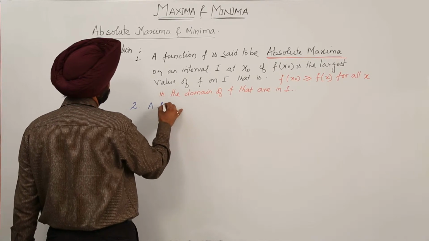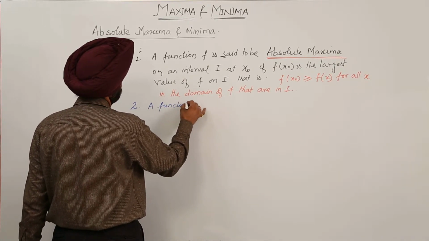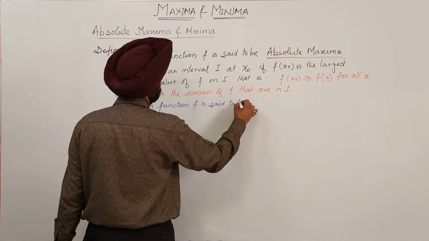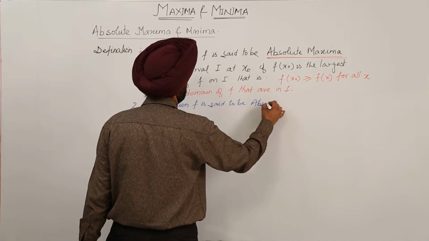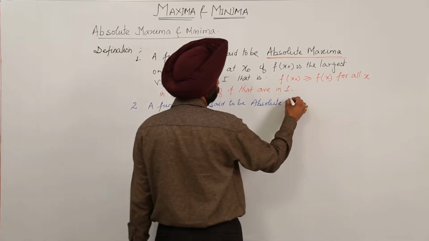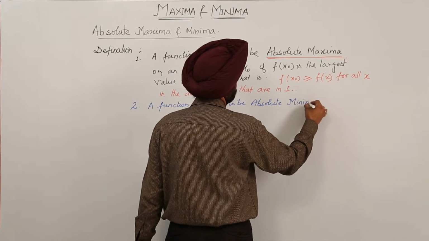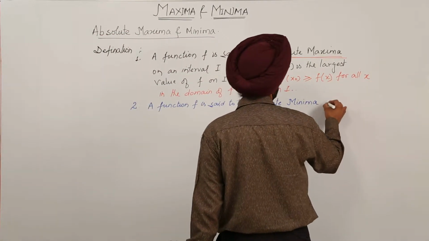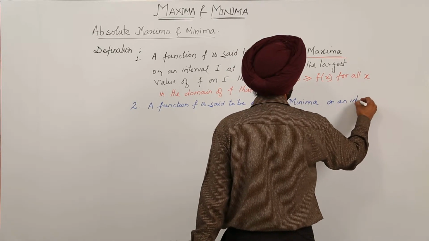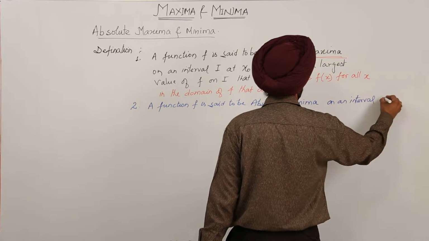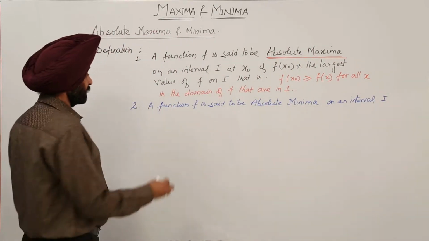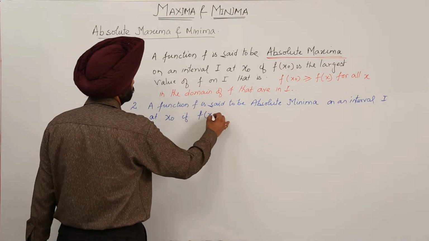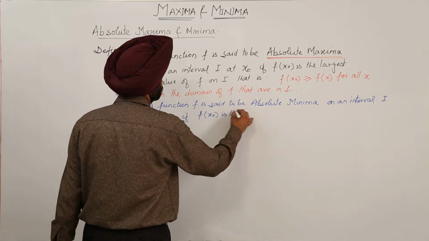A function f is said to be absolute minima on an interval I at x0 if f(x0) is the smallest.